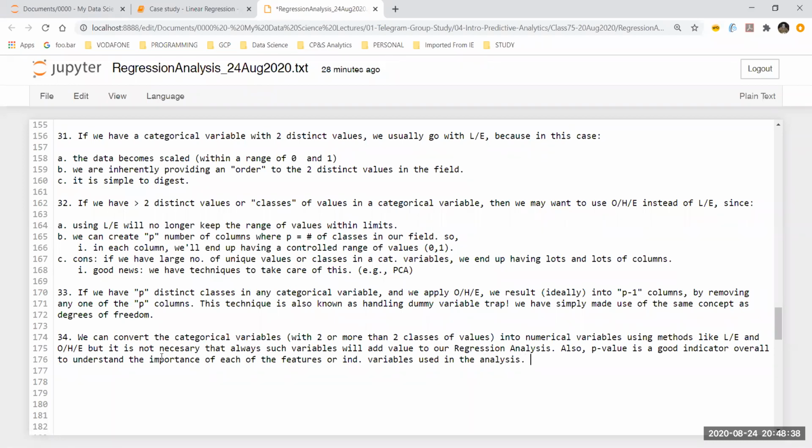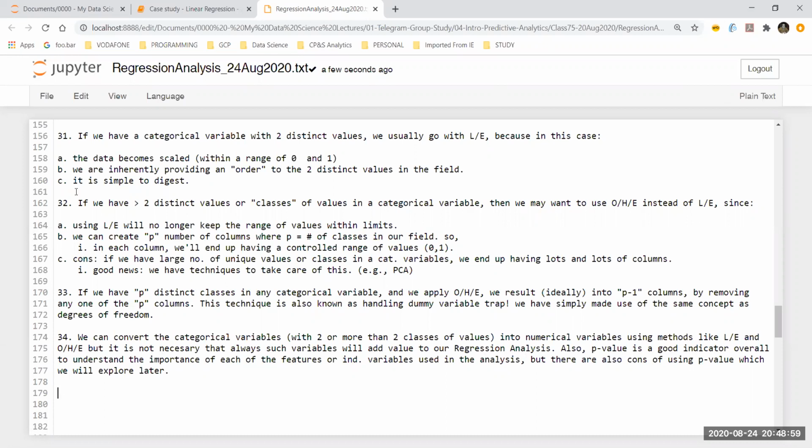But there are also cons of using p-value, which we will explore later. So let's not go into the details of why there are certain cases where p-value is not good.